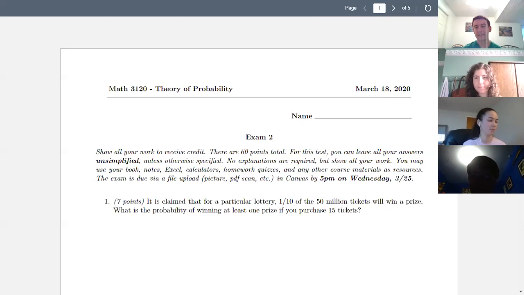Now, the binomial and hypergeometric aren't going to differ very much, with 50 million tickets. And how many are we purchasing? 15. Yeah. But technically speaking, for this to truly be binomial, what would I have to allow for the possibility of?